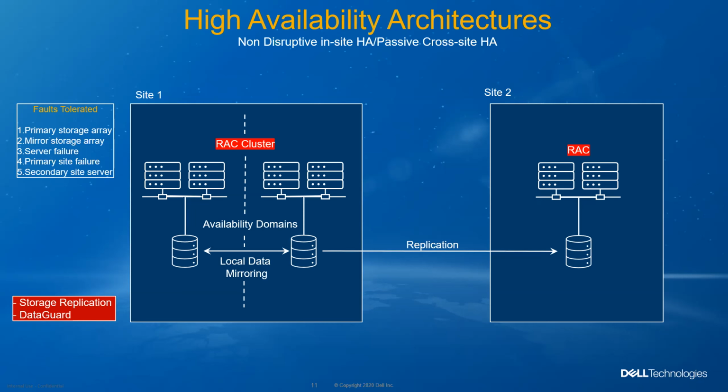DBAs are familiar with it, but storage replication can provide a one-stop shop for replicating all your data, not just database data. And also, it can replicate everything in one go, so you're not having to set up Data Guard replication for every database individually. So there are benefits to storage replication. But we're not necessarily talking about specific technologies here, but generally the principles that are involved in delivering high availability.